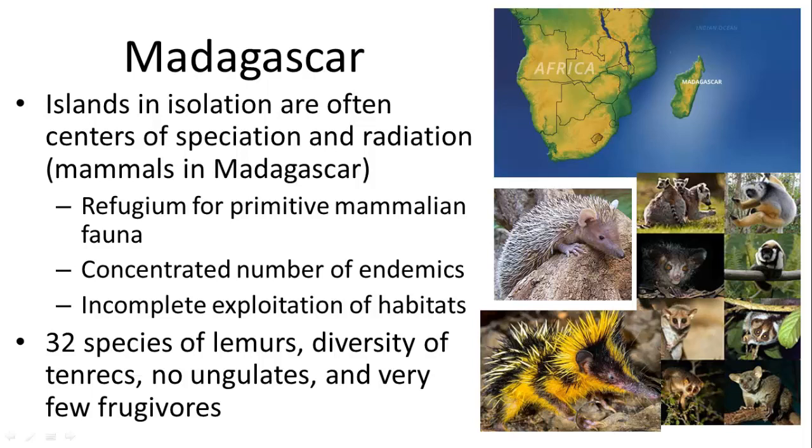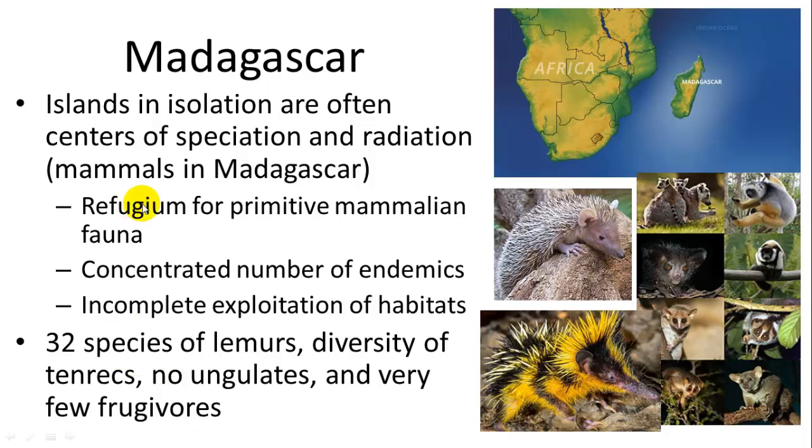Also, because it is a rather big island, there are a lot of different biomes within Madagascar. So it has 32 species of lemurs. It has a diversity of tenrecs. Here's a couple of tenrecs here, very spiny, which fill a broad array of niches. And it has no ungulates and very few frugivores. So fruit is usually a highly attractive area for mammals to fill the niche, but they don't have that niche.